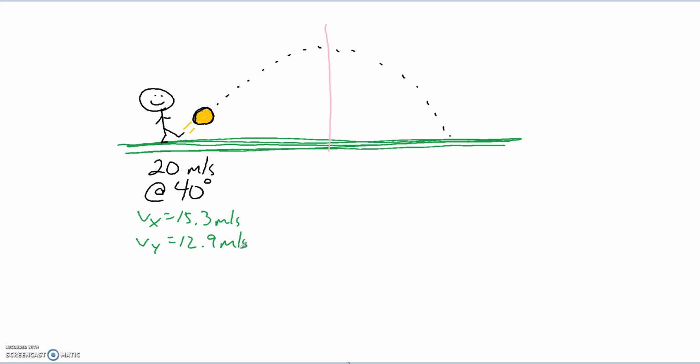Now, when the ball moves up, how long it takes to go up depends totally on the Vy. The time it would take to go straight up and then straight down is the same amount of time it would take to go along the entire pathway. So let's just pretend we're throwing something straight up. To find the time it would take to go up would be just our change in Vy divided by gravity.